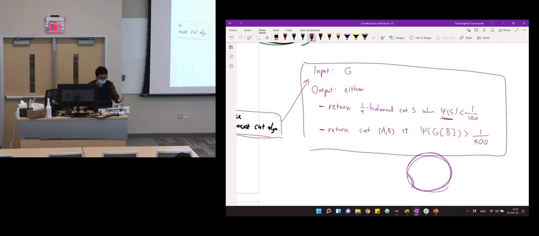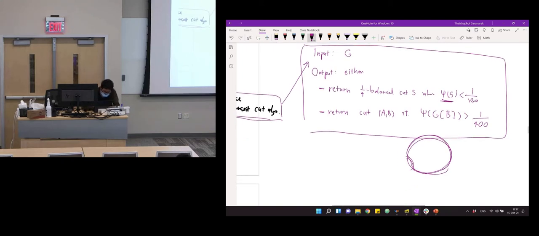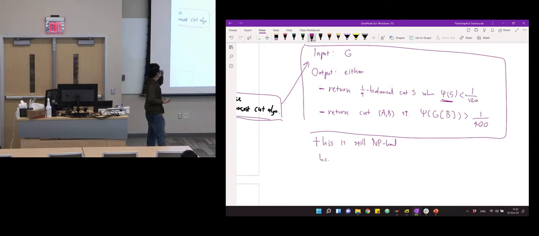This is still NP-hard. Why? Let's say A is small too.